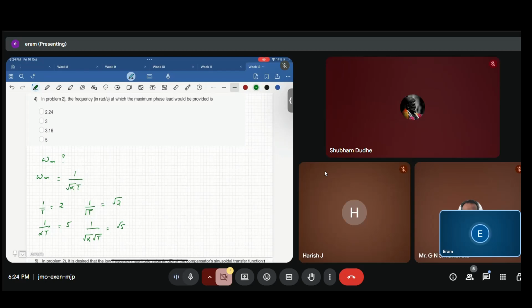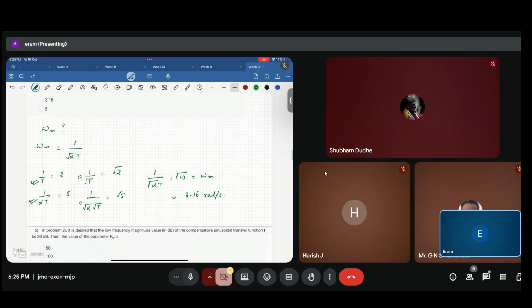And then if you multiply both, how much will it be? It will be 1 by under root alpha T, which is under root 10. This is nothing but omega m, which will be 3.16 radian per second. Okay, any doubt? So from these relations we can easily calculate omega m by doing simple mathematics.